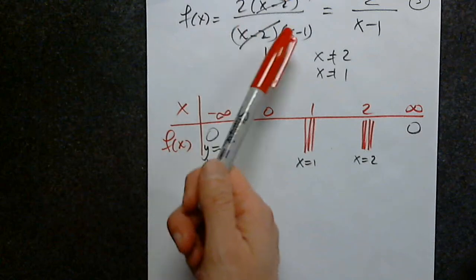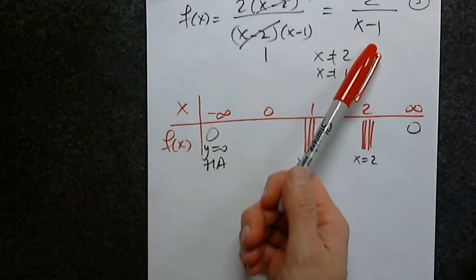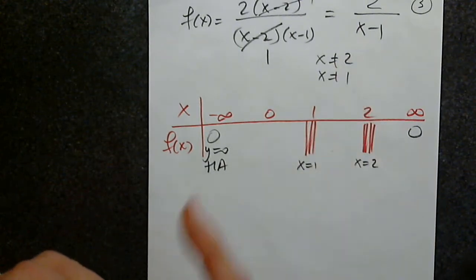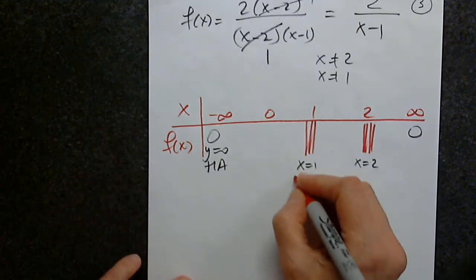See, one of the factors disappears, is no longer left in the denominator. The other one stays. If it stays and I can't plug it in, it's a vertical asymptote.